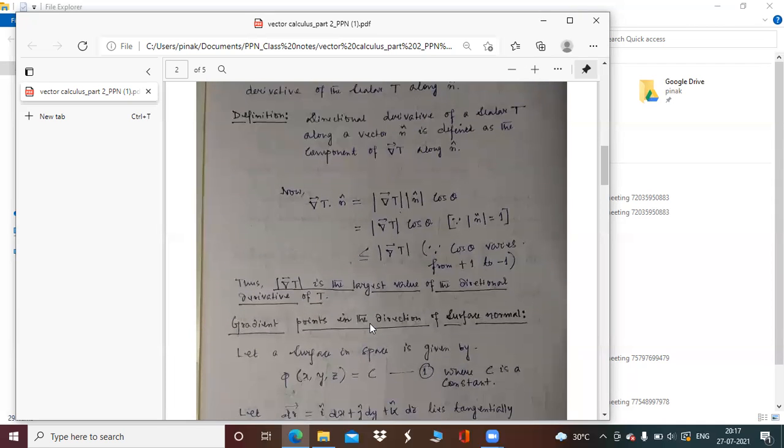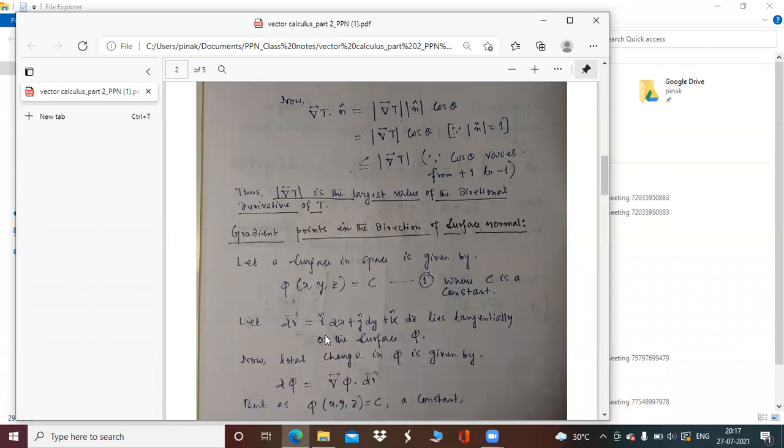Now the second aspect says gradient points in the direction of surface normal. Now how to prove this? For this, let us consider a surface in space which is given by phi(x, y, z) is equal to c, where c is a constant. And let us denote this surface by equation 1.